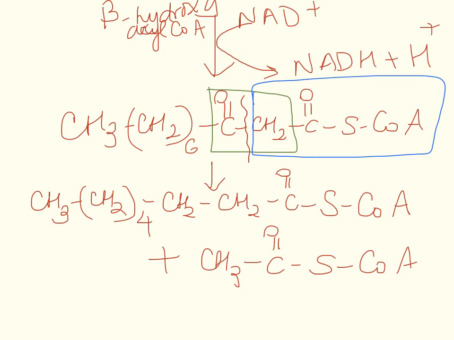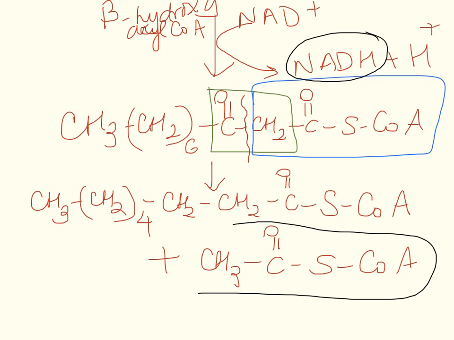In this whole 4 reactions that we have learned, the capric acid undergoes beta oxidation, okay, and in the beta oxidation we get NADH as one of the products, acetyl-CoA as one of the products, right?